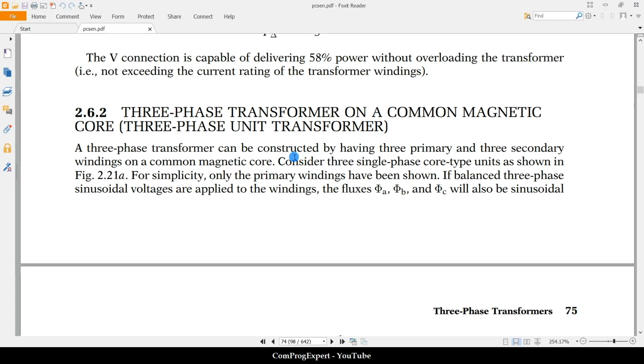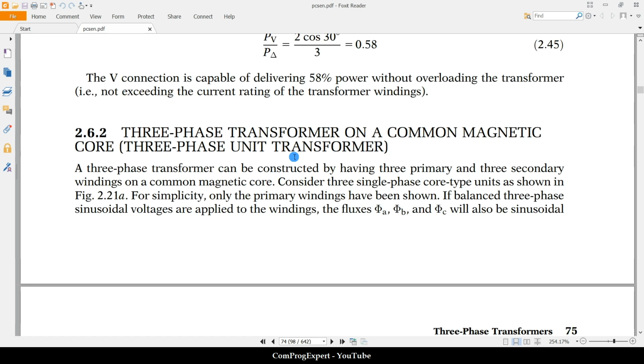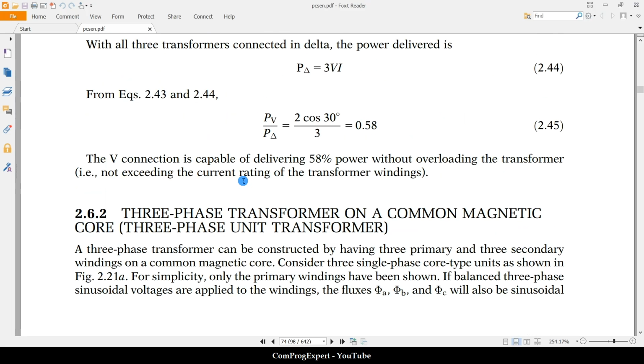As you know, we have two ways to build a three-phase transformer: using three single-phase transformers, or using a common magnetic core. We discussed the first one in the previous video when we solved the related problem.